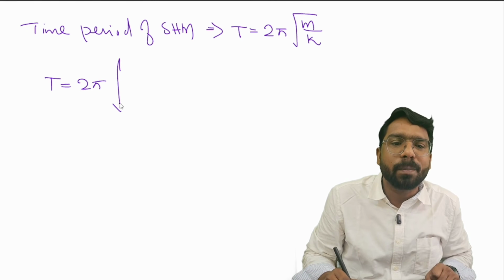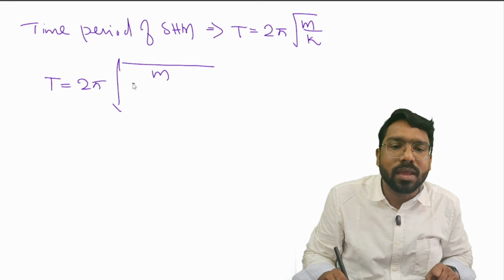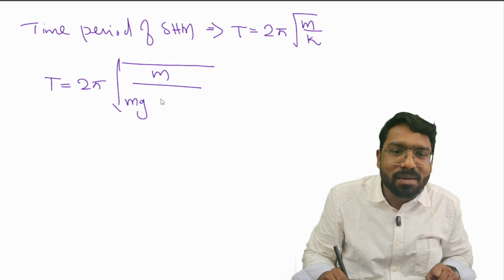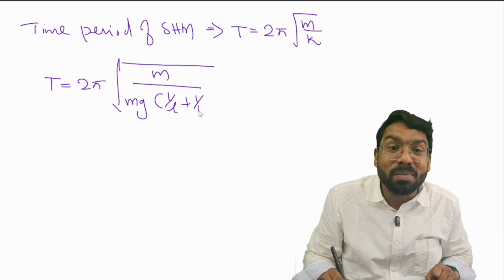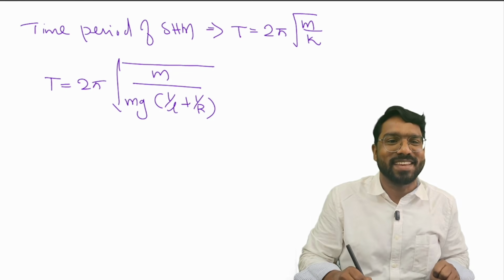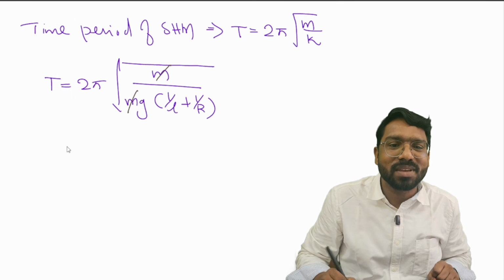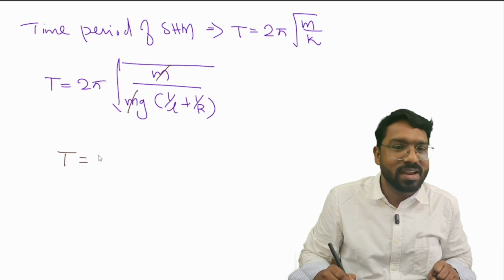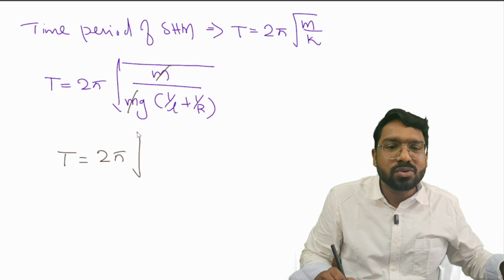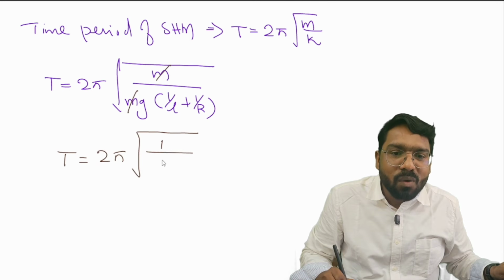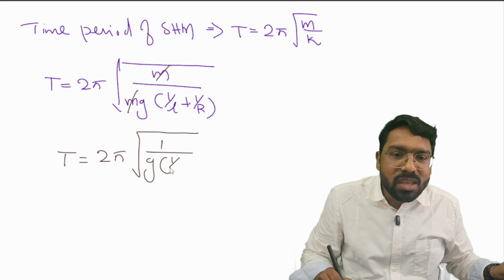So 2 pi root m by, what is k? mg into 1 by L plus 1 by R. Here you can cancel m. So what is the time period? T equal to 2 pi root 1 by G into 1 by L plus 1 by R.